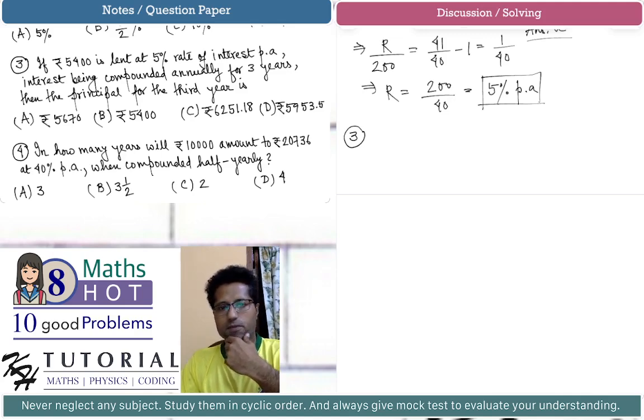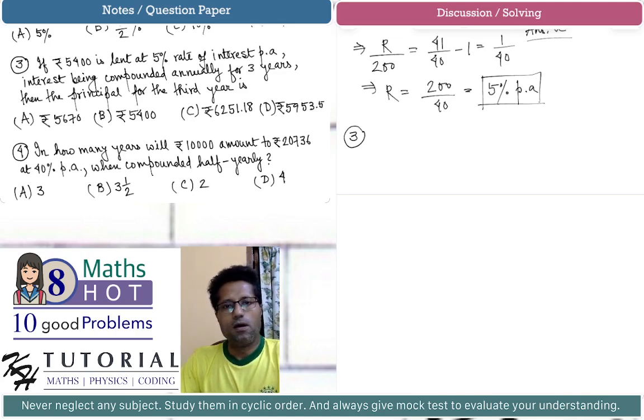If you know the basic fundamentals of how compound interest is calculated at the end of every unit of time, that is, if the interest is being compounded annually, then interest is calculated at the end of every year.